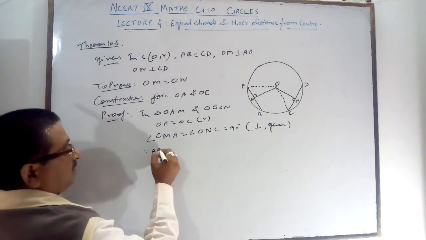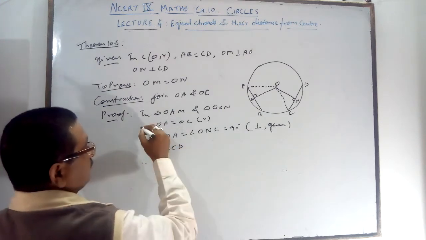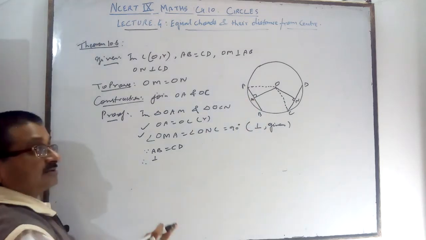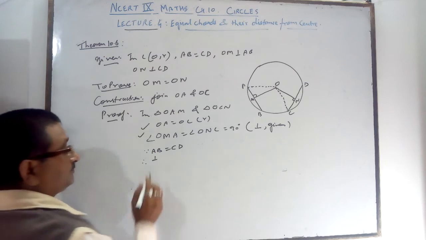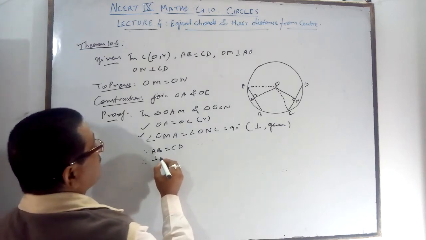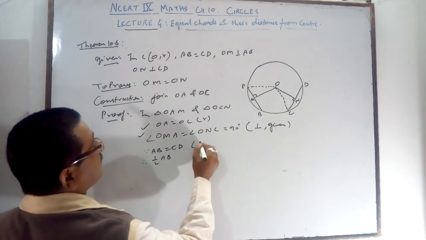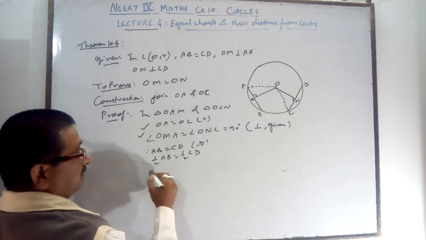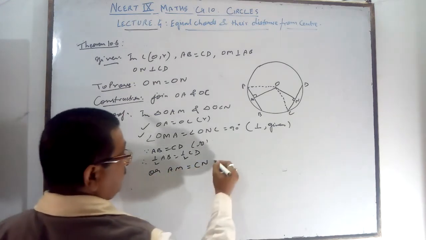Because AB is equal to CD, two parts are over, and one more part you want, which is AM equal to CN. Half of AB is equal to half of CD, so you can write AM is equal to CN. Why?